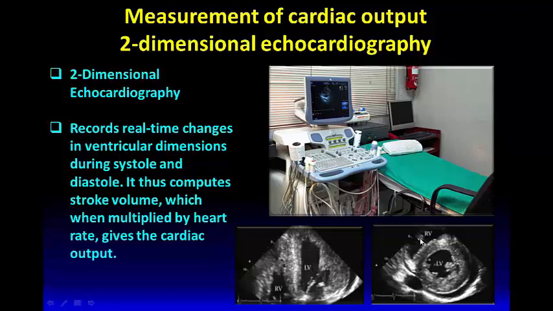This is the right ventricle during systole, and the same right ventricle during diastole when it is in relaxation. By recording these changes in ventricular dimensions, two-dimensional echocardiography computes stroke volume, which when multiplied by the heart rate gives the cardiac output.